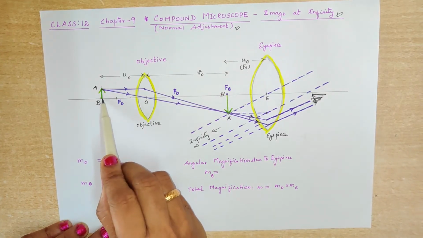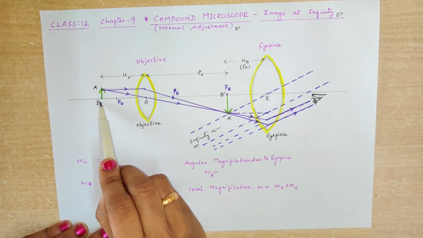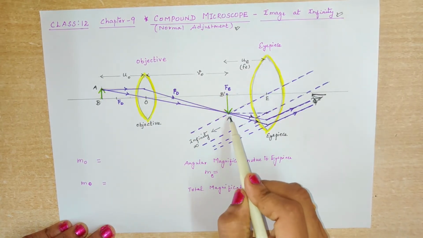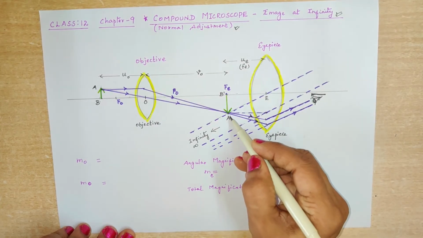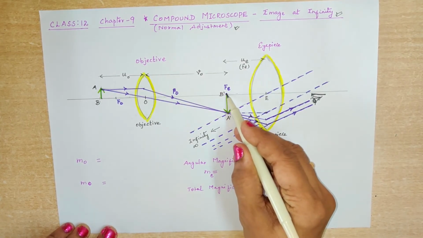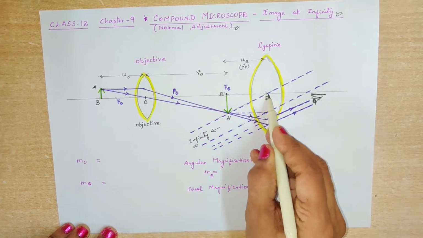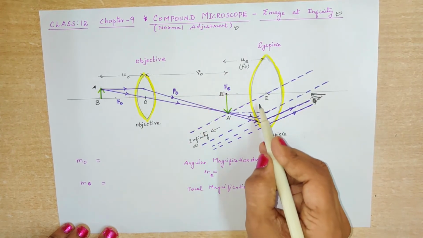So here is the object AB, kept in the same position, but now the image is formed at A dash B dash. It is adjusted in such a way that this image A dash B dash is exactly formed at the focus of this eyepiece. The lenses are adjusted.